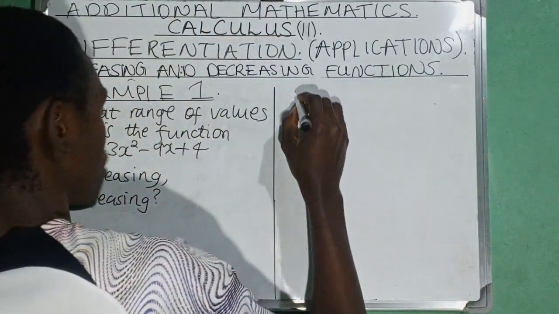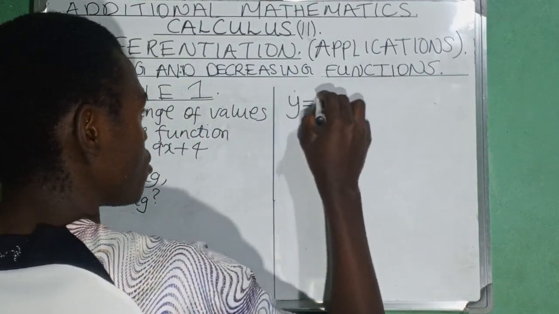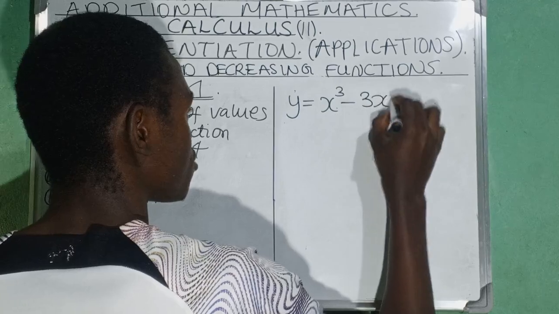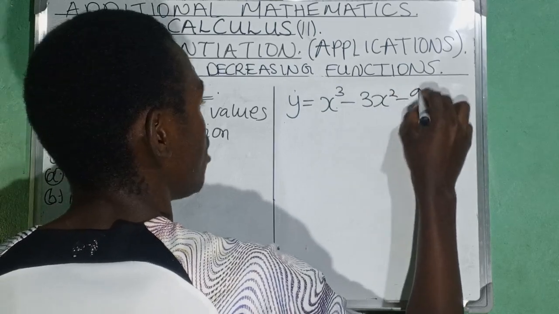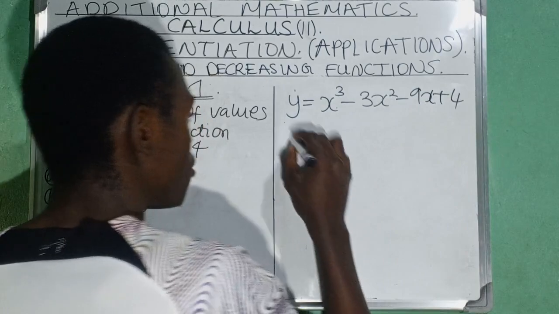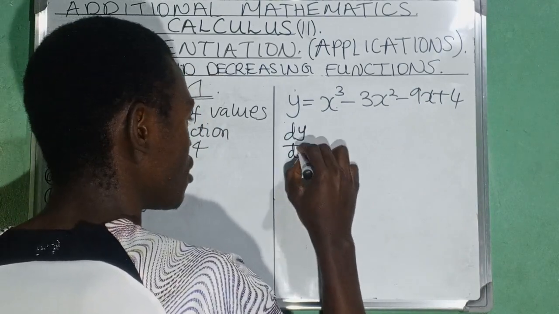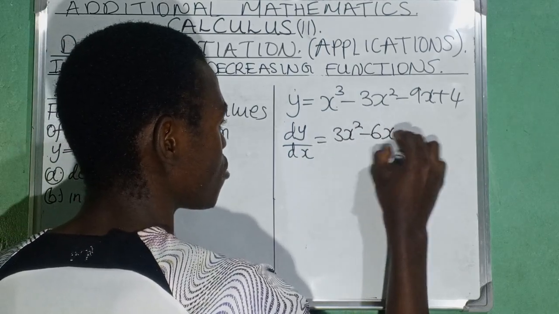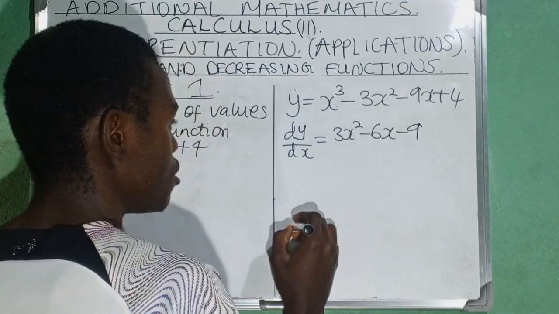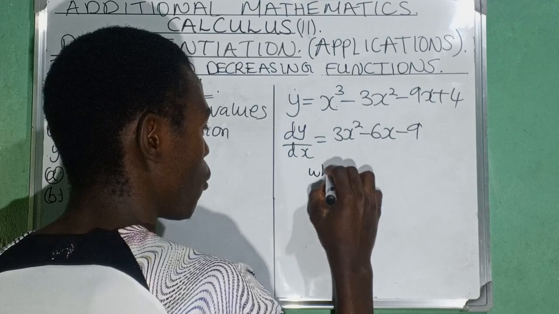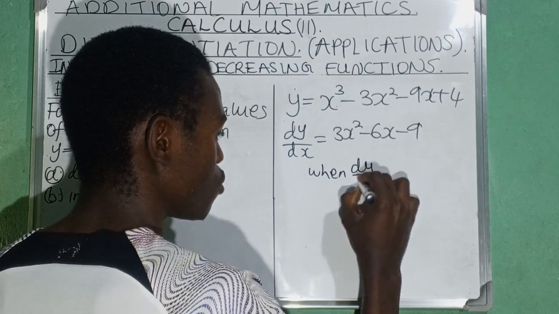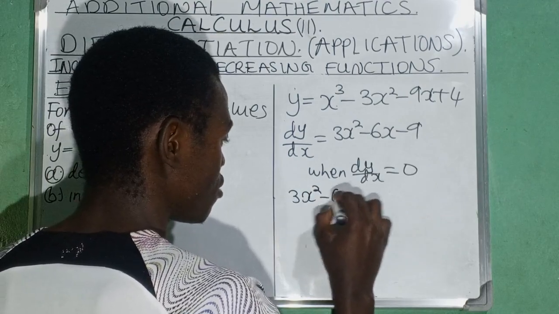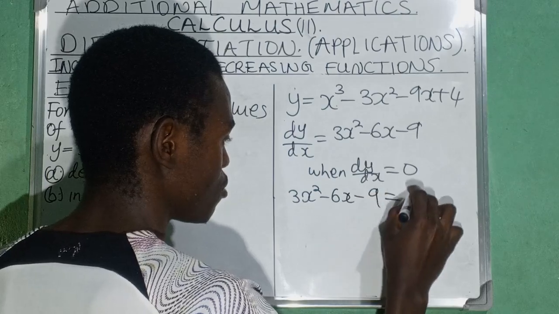We have y is equal to x cubed minus 3x squared minus 9x plus 4, and then we'll find our dy/dx. dy/dx is equal to 3x squared minus 6x minus 9, and then we'll say when dy/dx is equal to 0, so 3x squared minus 6x minus 9 is equal to 0.